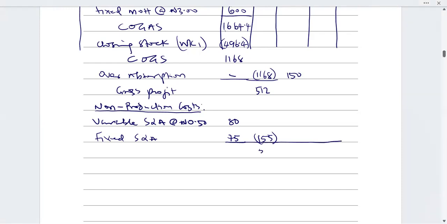So here is 357. This 357 is called profits before tax. Immediately after the profit before tax, you need to consider income tax.